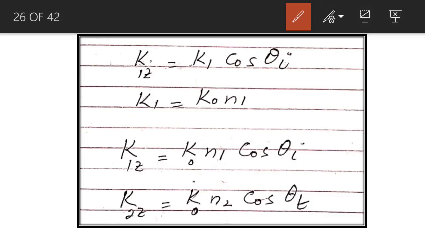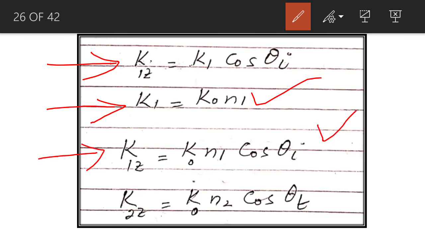We know that k1z is equal to k1 cos of theta I, and k1 is equal to k naught n1. So k1z will be equal to k naught n1 cos theta I. Similarly, k2z will be equal to k naught n2 cos of theta t.